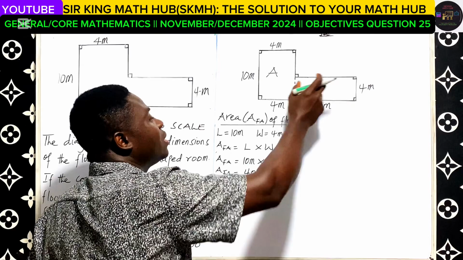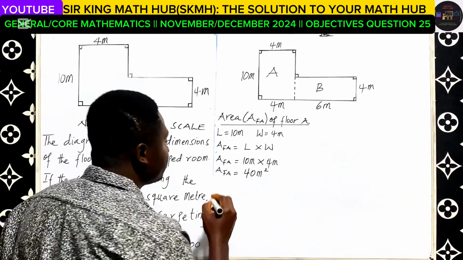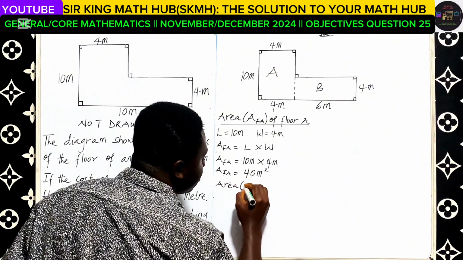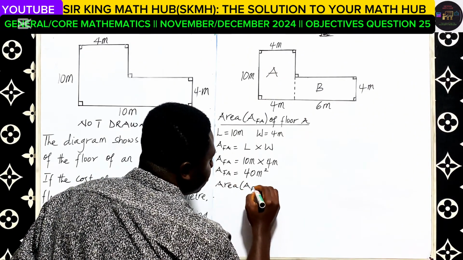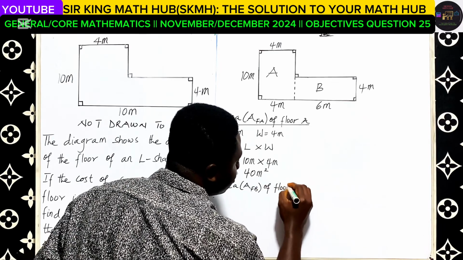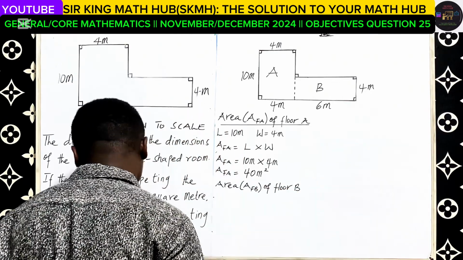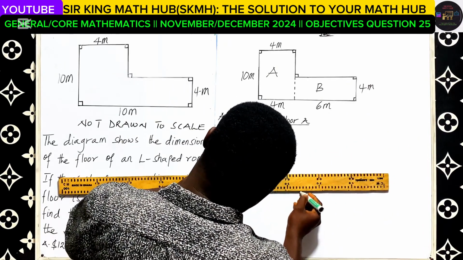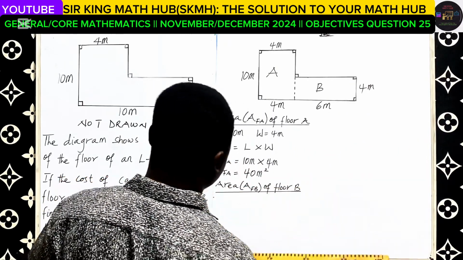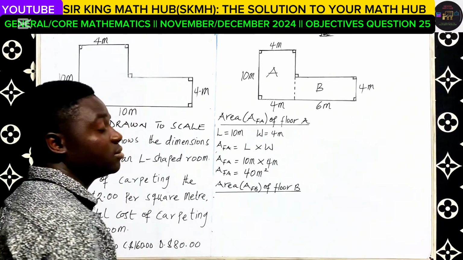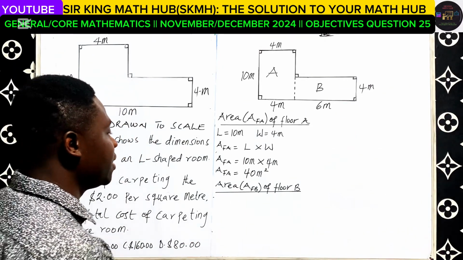Let's also look at the area of floor B. Again, you see that floor B is also in the form of a rectangle, so you need the two dimensions, the length and the width.